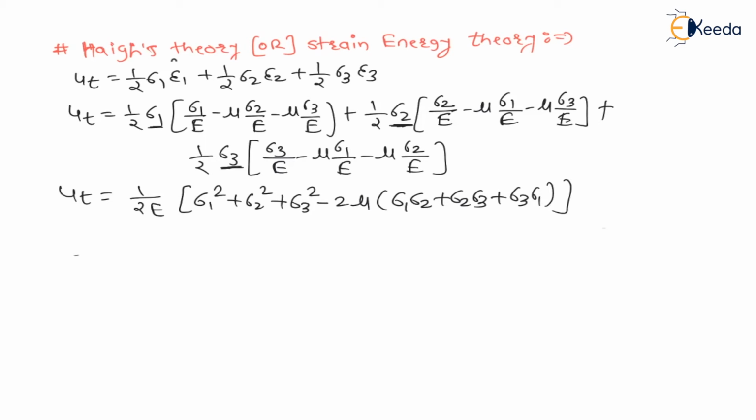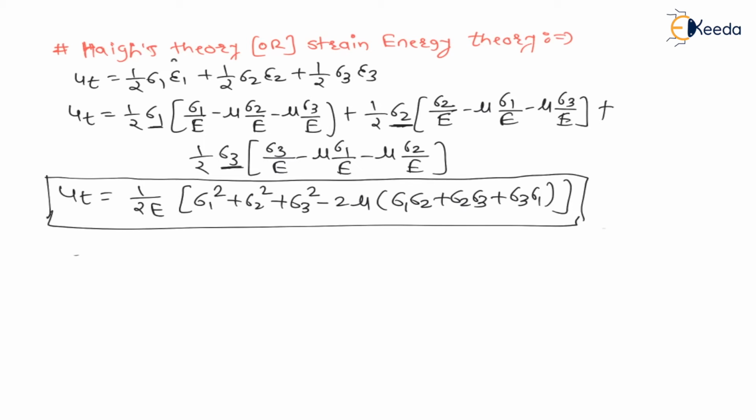Now see, this is school level mathematics. You have to resolve this. This is the total strain energy stored in the component for a complex state of loading in three dimensions.